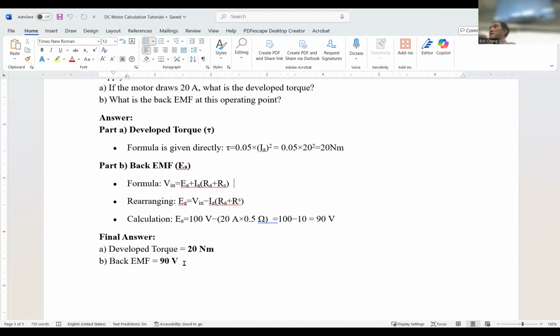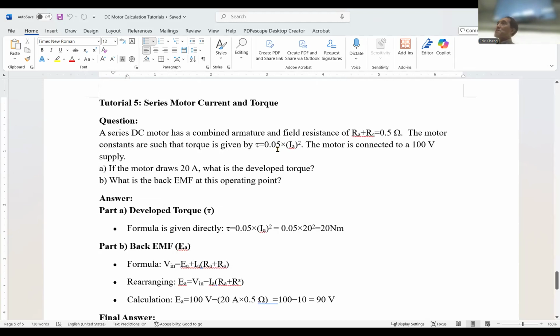The armature consists of RA with back EMF, and then this whole voltage also equals the field winding voltage. But in this case, the torque may not be proportional to IA squared because they are not series connected. The special observation here is IA squared, but for a shunt motor it is only proportional to IA.